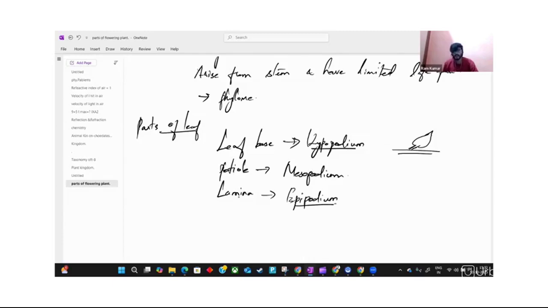From the petiole, the midrib and numerous lateral veins are raised and run through the lamina.